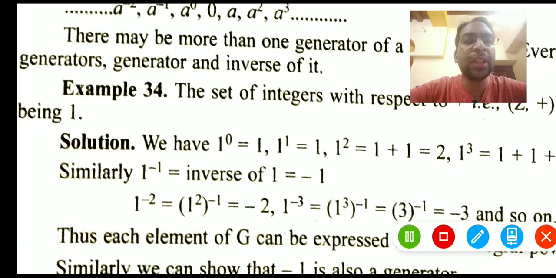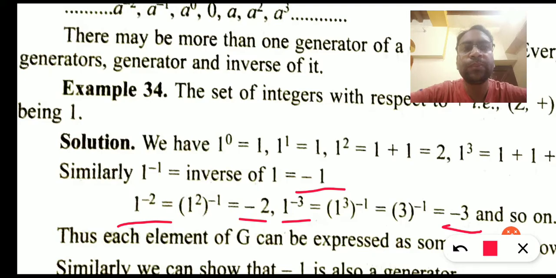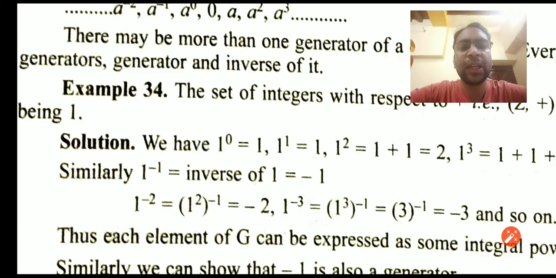We can also see that the inverse of 1, which is minus 1, will also be a generator. 1 to the power minus 2 will be minus 2, and 1 to the power minus 3 will be minus 3. In the same way, by taking the inverse, we can generate all the negative numbers. So 1 is the generator of all the elements in Z, and Z with the operation plus is a cyclic group.